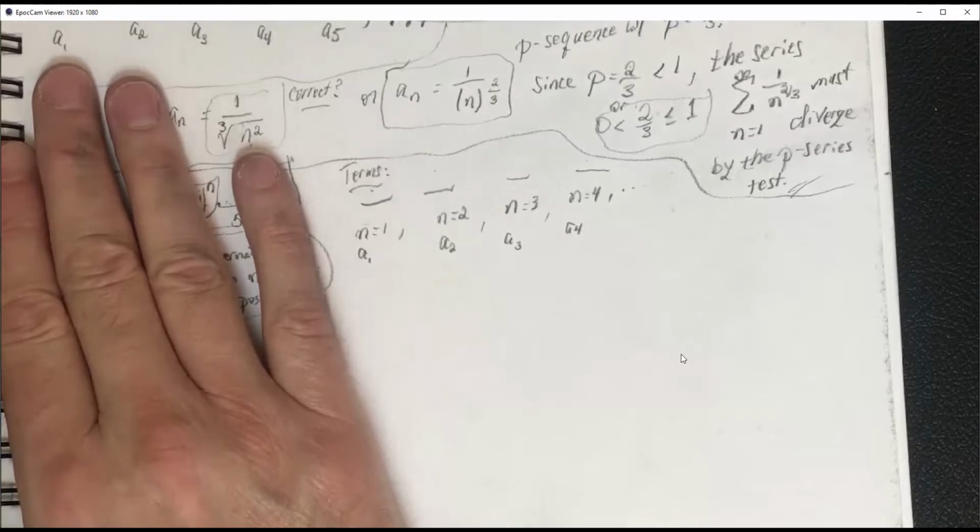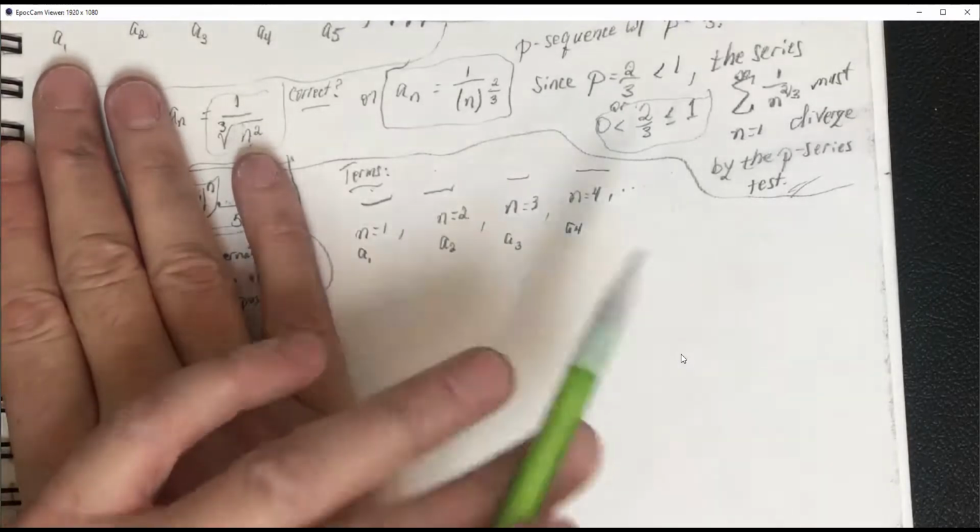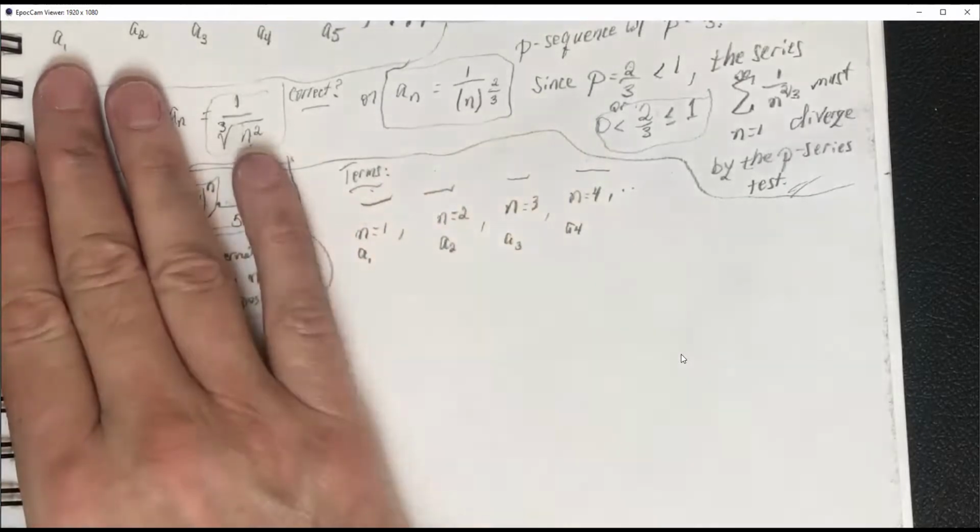Geometric was the first one. The integral series test was second. The third is the P-series test. And now there's going to be a 4th one, which is the alternating series test. But we always want to do the first step initially.